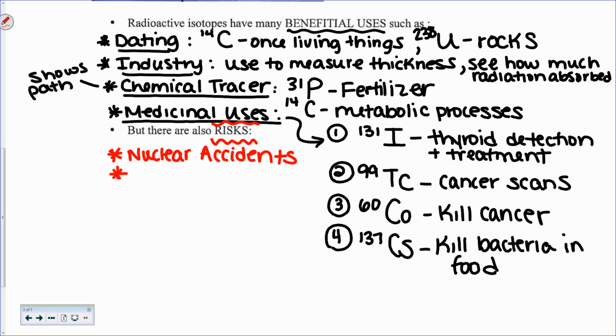Nuclear radioactive isotopes can cause illness. It can cause cancer, even though it also helps it. And it can cause death. You can die from too much radiation. In fact, often, that's one of the things that leads to people dying when they use it for cancer and things like that.